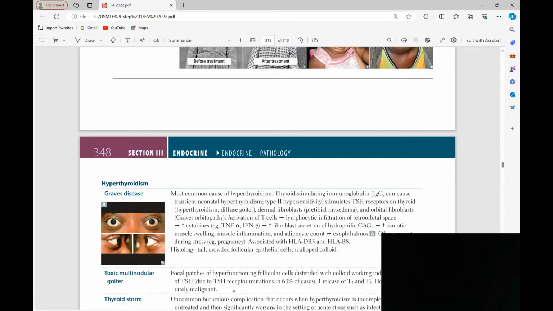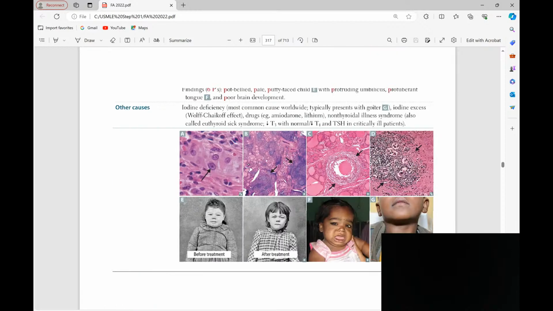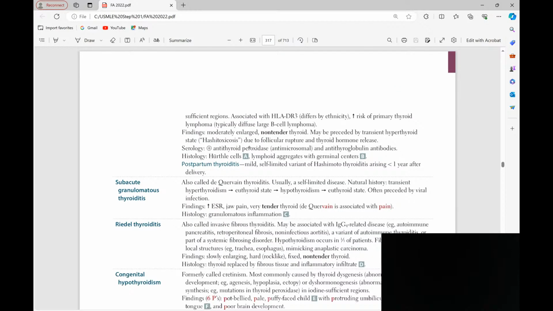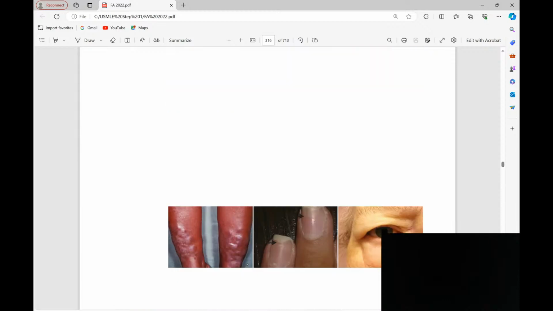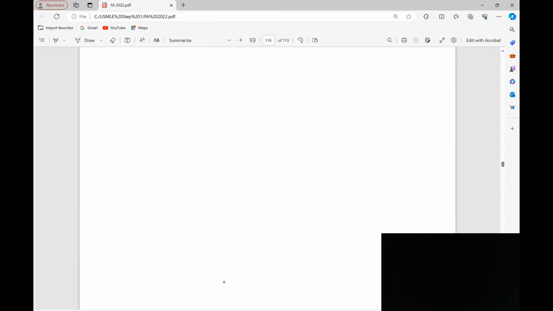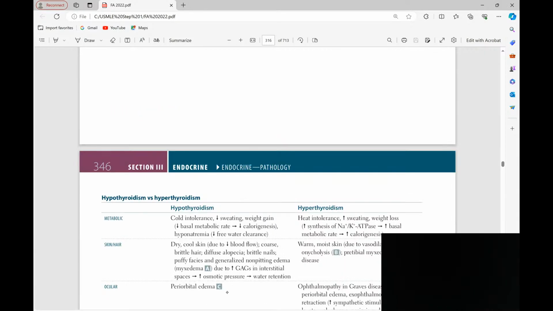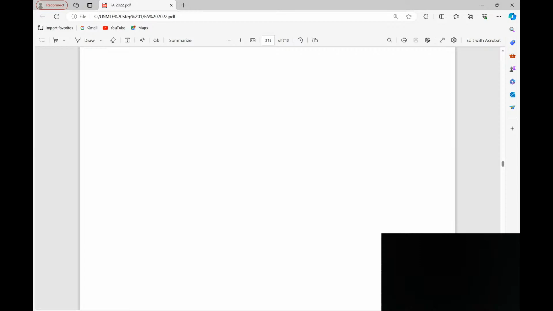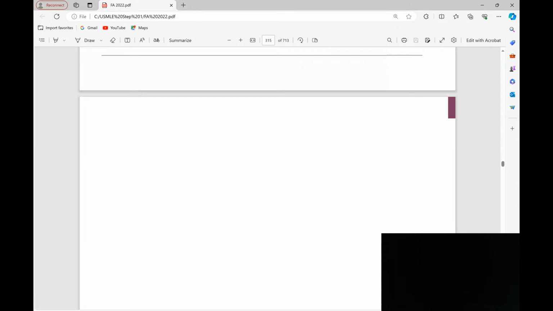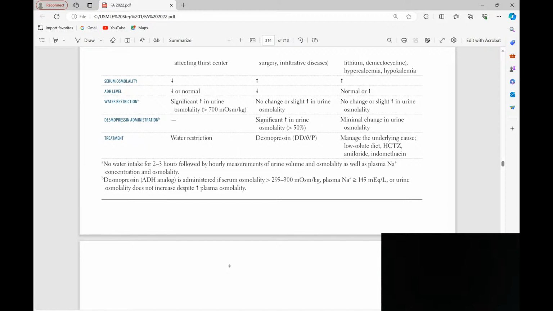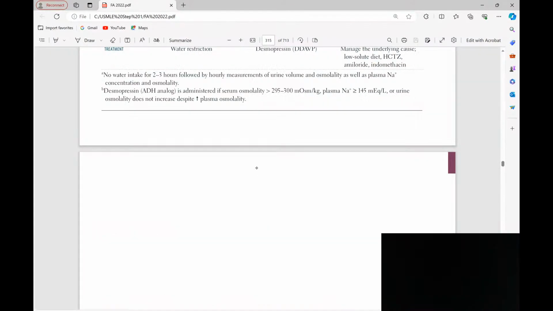Maybe due to screening tests, maybe due to rapid availability of tests, or maybe due to some defects in our food and feeding habits, we have been seeing a lot of thyroid cases recently, cases of thyroid imbalance. We have learned the physiology in the previous class. Today we'll just go with the pathology of the thyroid gland.